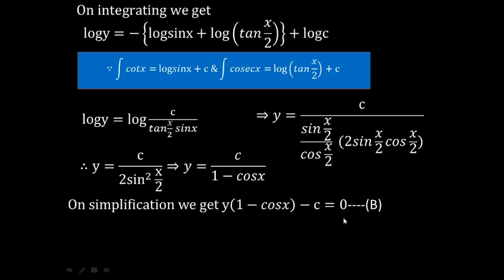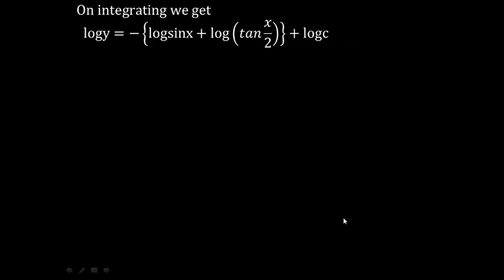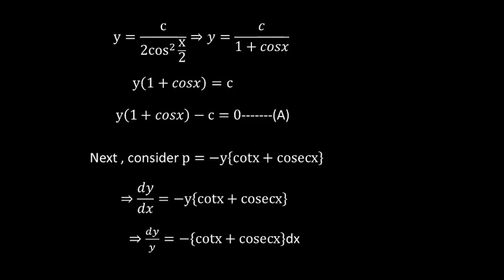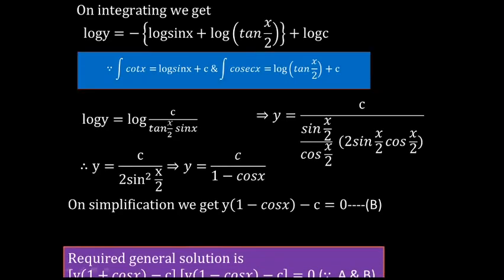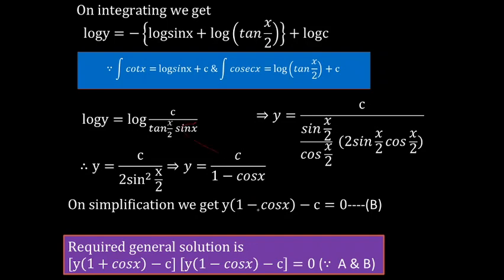In the previous slide we obtained the first independent solution, which we generally call f1. So this is my f1 equal to 0. Whereas here, on simplification, we get the second solution, which is f2 equal to 0. Therefore the required general solution is f1 into f2 equal to 0.